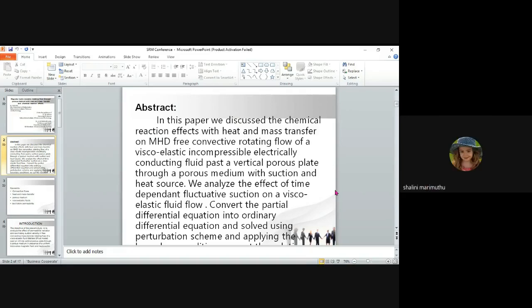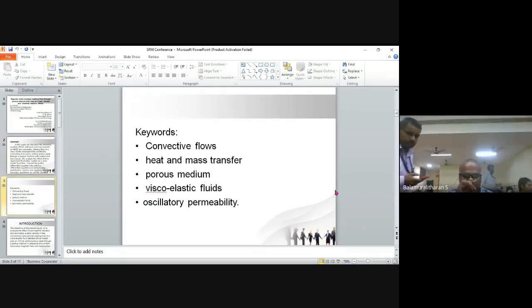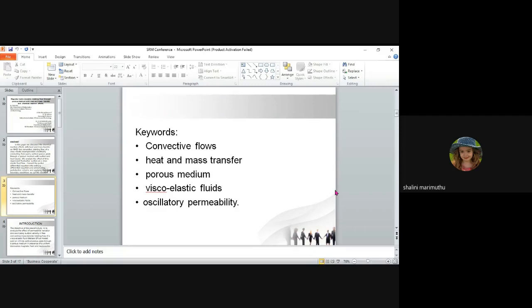We convert the partial differential equations into ordinary differential equations, and by solving them we get the solution. Next slide, sir. These are the keywords.